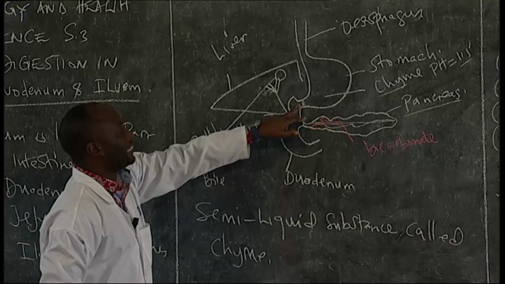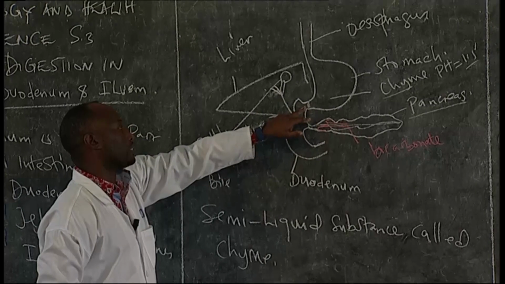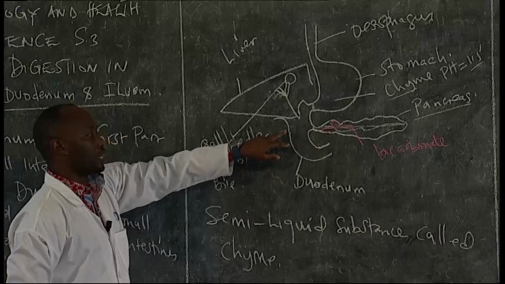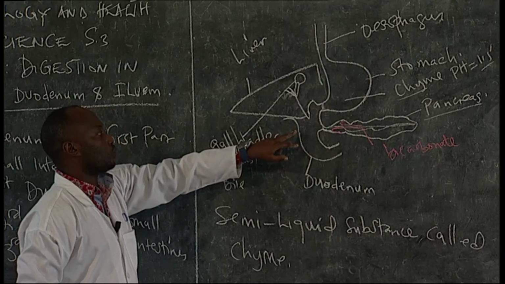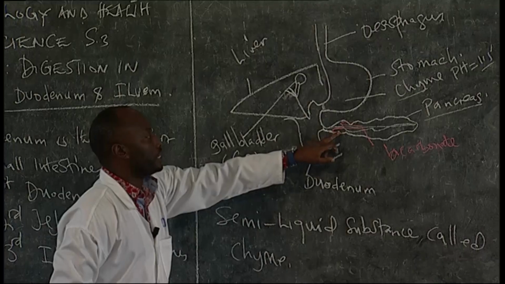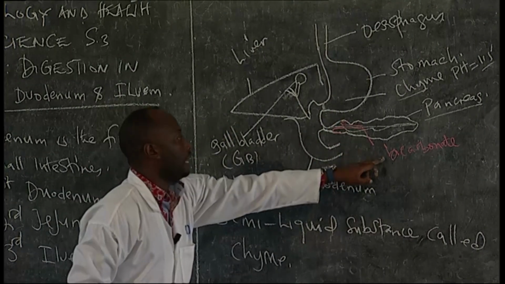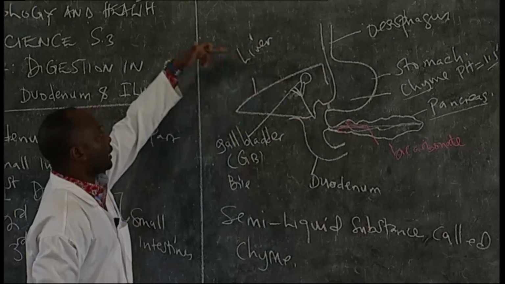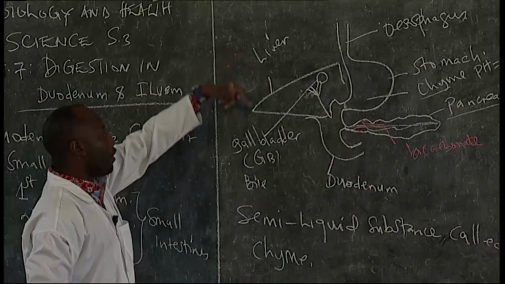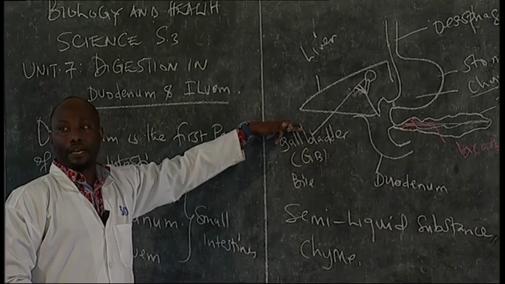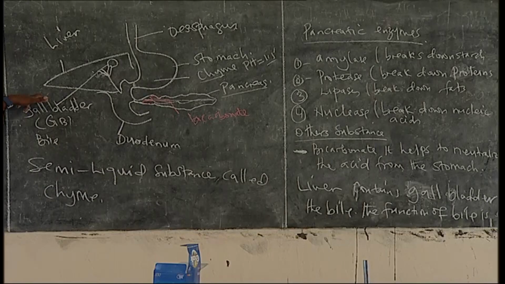Once the duodenum detects the food, it is stimulated by hormones, one called secretin, which stimulates the pancreas to release pancreatic enzymes and bicarbonate, and also stimulates the liver to inform the gallbladder to release the bile. And bile is very important in emulsification of fats.